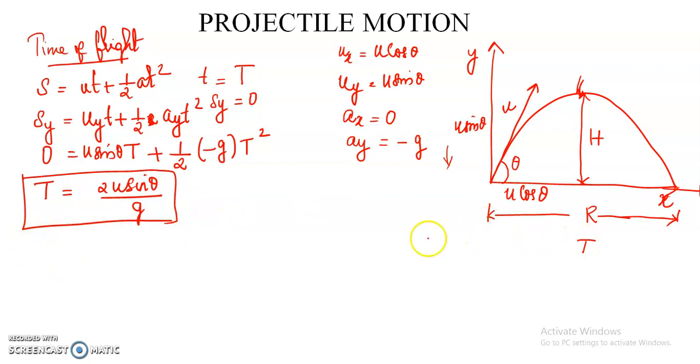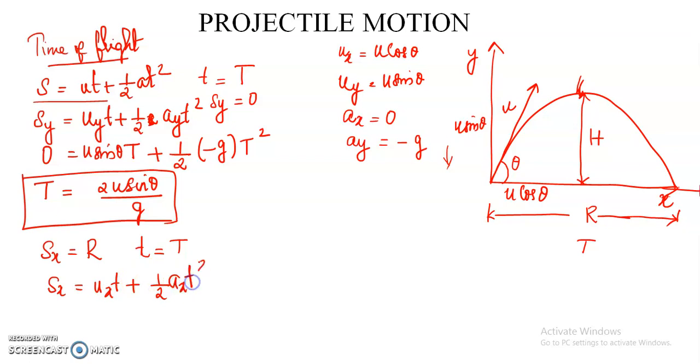Next parameter we need to calculate is the horizontal range. Using the same equation of motion of Newton, we have Sx equal to R. Displacement becomes equal to horizontal range when the time taken by the projectile equals the time of flight. So we can rewrite the equation of motion as Sx equal to ux t plus half ax t square.